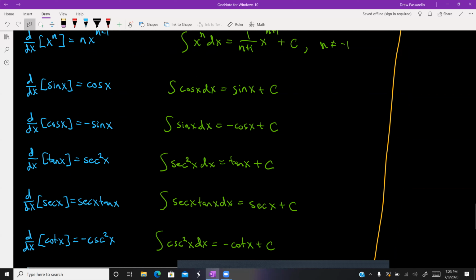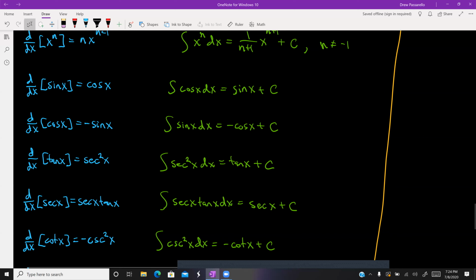This is another example, just looking at sine. The derivative of sine is cosine. So when we integrate cosine, we get sine, and then plus c. There are some small things you have to pay attention to. We know the derivative of cosine is negative sine, but when we integrate sine, we get negative cosine.